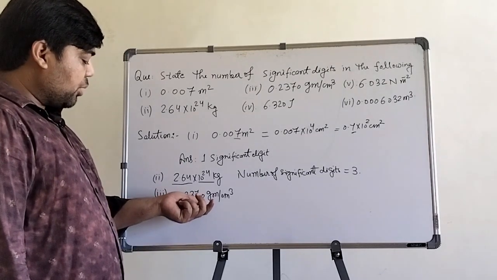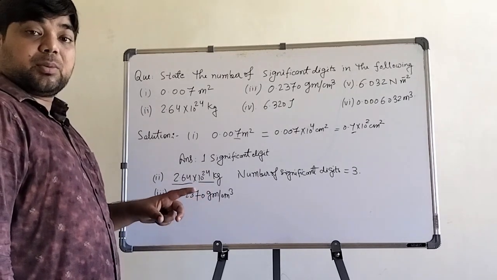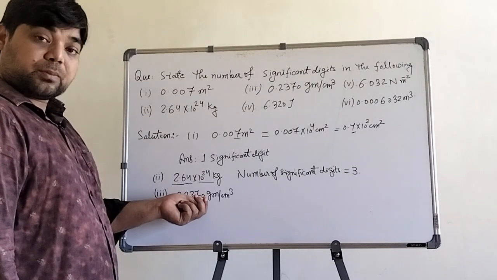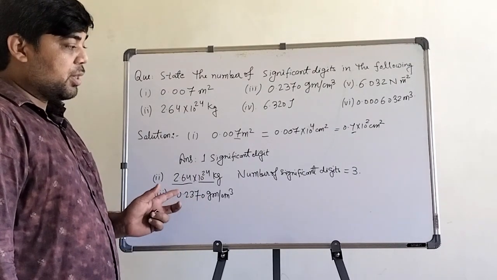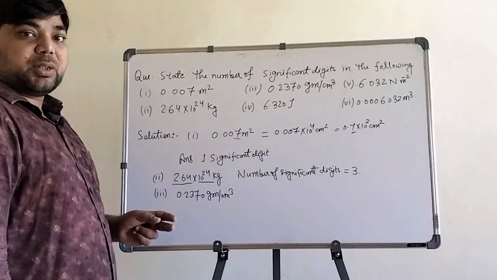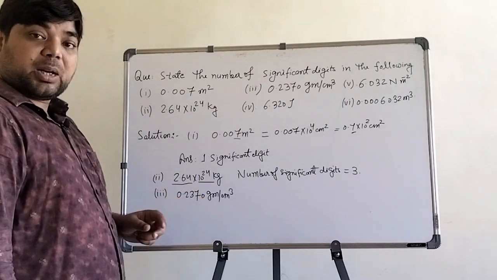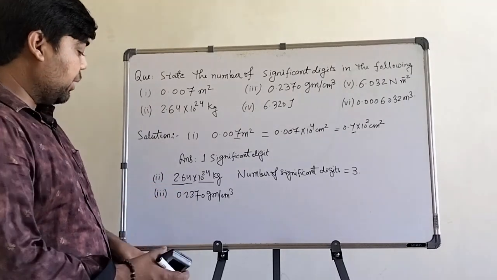So what you will observe is that this last digit may bring some variation in the measurement. So this is uncertain, and that's why it is significant. We have already stated that significant digits have two parts. One is certain and another is the uncertain one. So this 0 can be considered an uncertain one, and that's why it is significant, right?